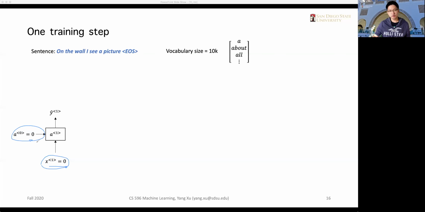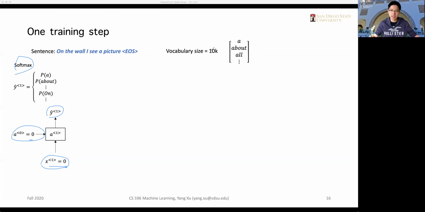Okay, so given these initial inputs, we can have the y hat 1, which is the prediction for the first word. y hat 1 looks like this because it is the output from the softmax layer, and it's basically a vector of probabilities.